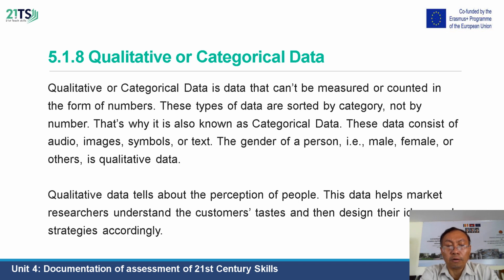The gender of a person, for example male, female, or other, is qualitative data. Qualitative data tell about the perception of people. This data helps market researchers understand customer tastes and then design their ideas and strategy accordingly.